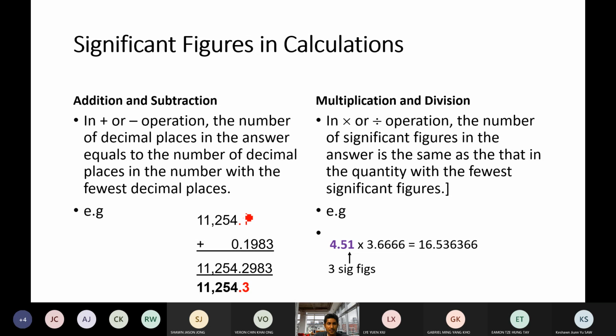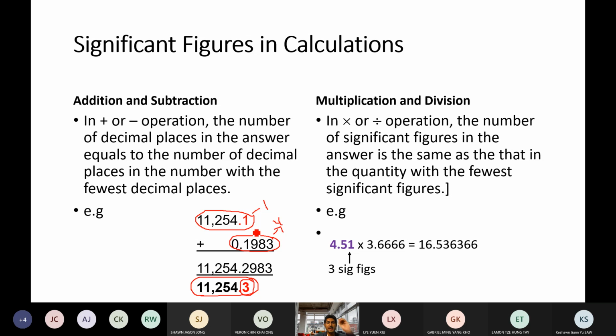Here we have 1 decimal place, but here we have 4 decimal places, and this is 1 decimal place. So the final result should contain only 1 decimal.